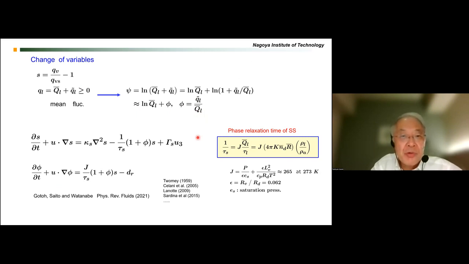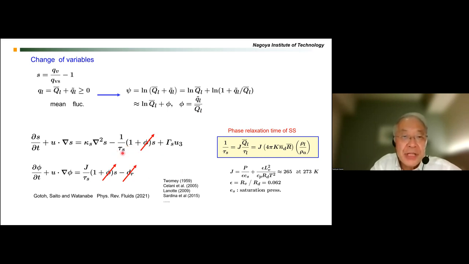So our equation now becomes the supersaturation equation, which has this term and LWC. However, the product of phi and S is very small, therefore we discard it. And also the fallout effects are discarded for simplicity.